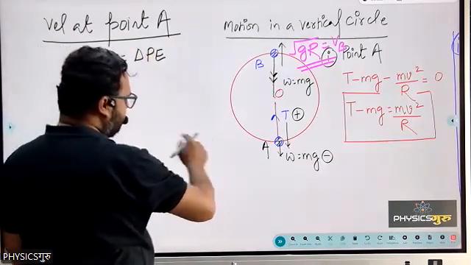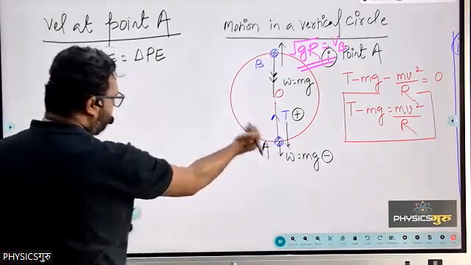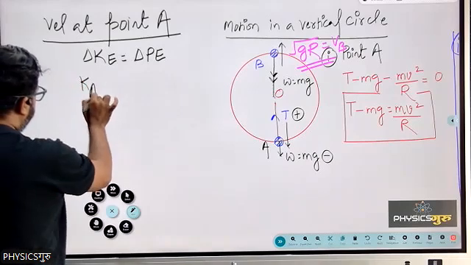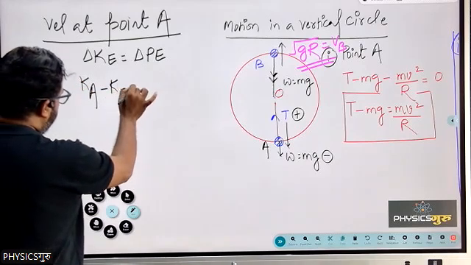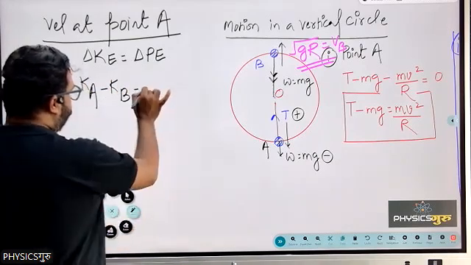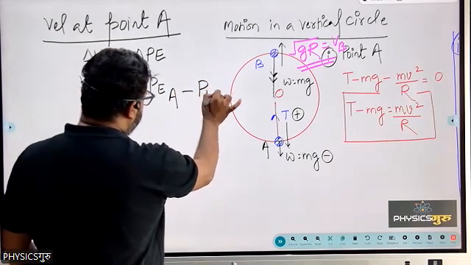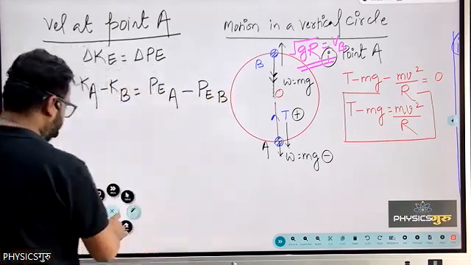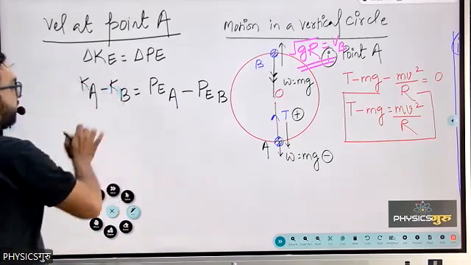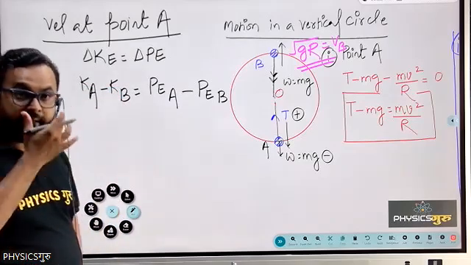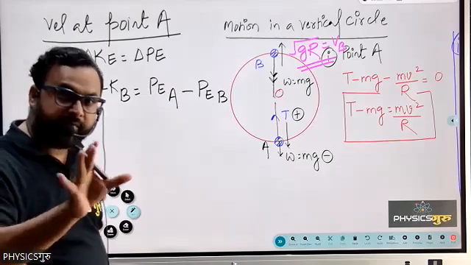So kinetic energy at point A minus kinetic energy at point B is equal to potential energy at point A minus potential energy at point B. What is kinetic energy at point A? It is nothing but half m vA square.